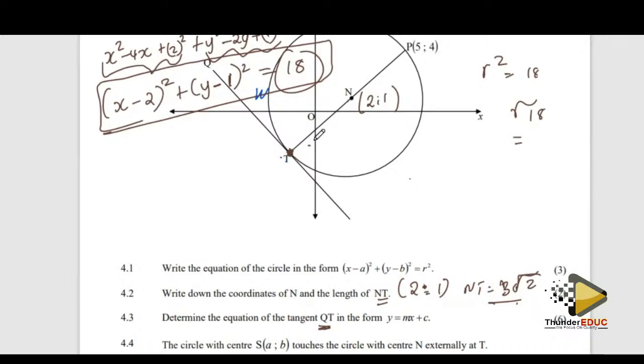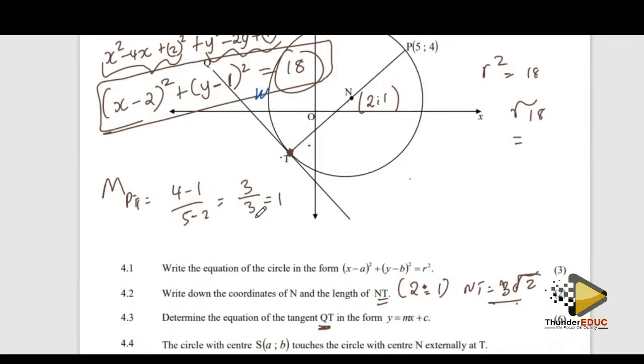Okay, so I'm going to start with determining the gradient. So I'll say m of PT is going to be 4 minus 1 over 5 minus 2. So that is a 3 over 3, which is a 1.